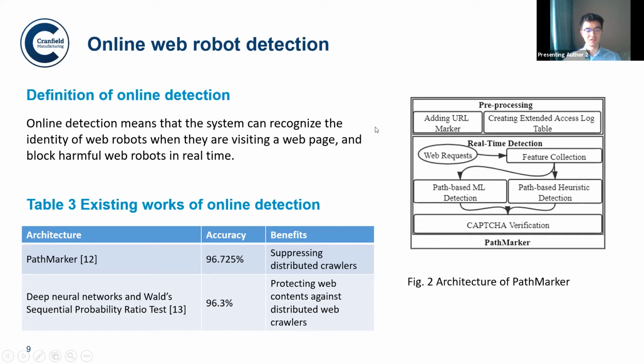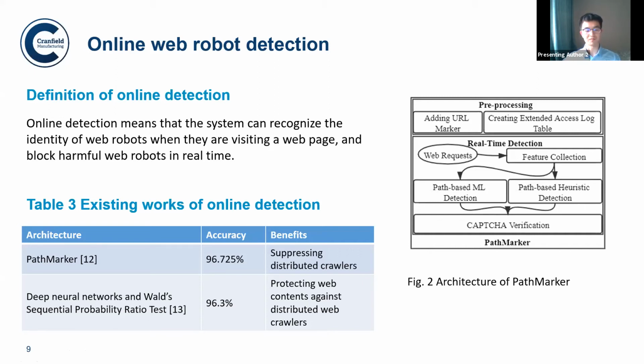sessions. Heuristic detection is widely used in virus detection, and captcha verification is letting users recognize twisted letters or numbers, which is also widely used in some websites now.